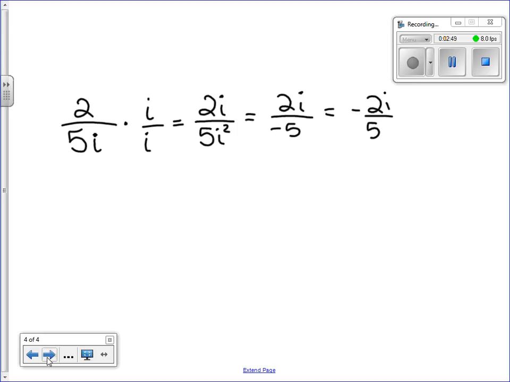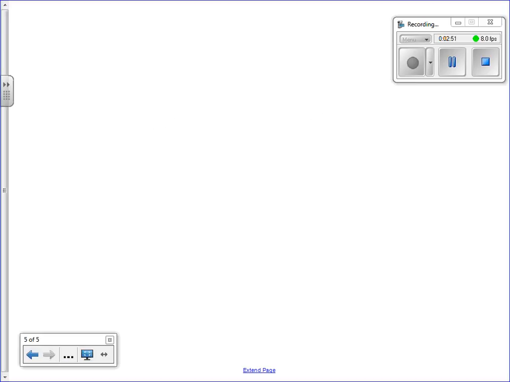Now, if you have something like this, okay, this one's going to be just a smidge different because is multiplying by i over i going to get rid of it?